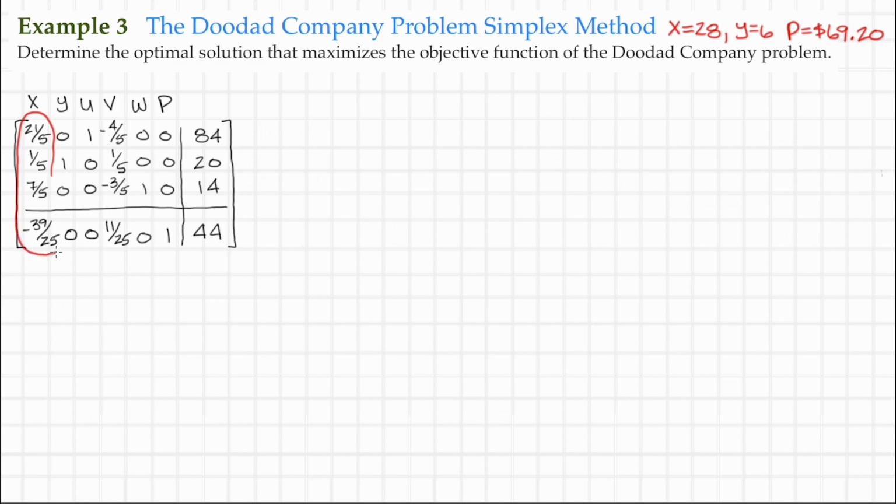And of course, then from the pivot column, we determine our pivot row. And again, we do that by taking the constant here and dividing each value in the pivot column into its constant.